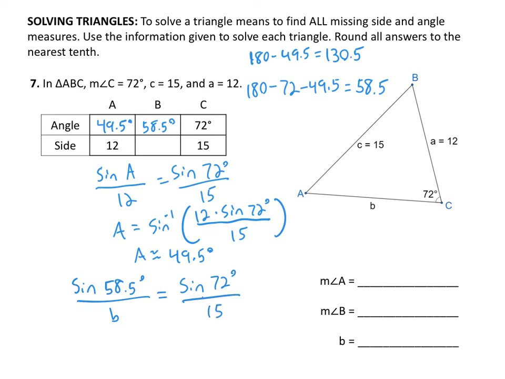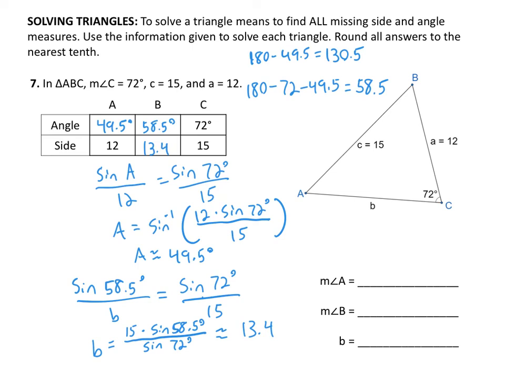Quickly solving this entire equation for b, you get b equals 15 times the sine of 58.5 degrees over the sine of 72 degrees, and simplifying that in a calculator, you get 13.4. So that's what length side b is.